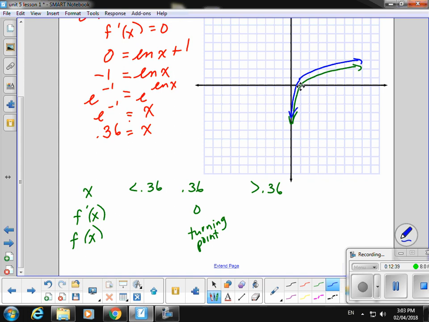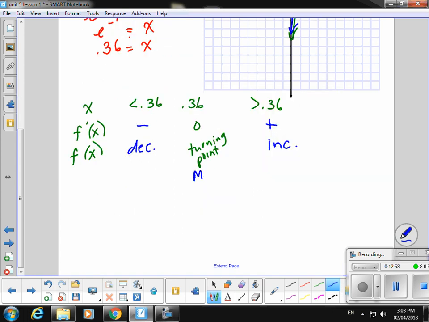If we have a value less than 0.36, we have something that's in the negative. If we have something greater than 0.36, we have something that's positive. That tells us my function is decreasing, and then it's increasing. So we know that this turning point is a minimum if we are decreasing and then increasing. I'm just trying to show direction here.